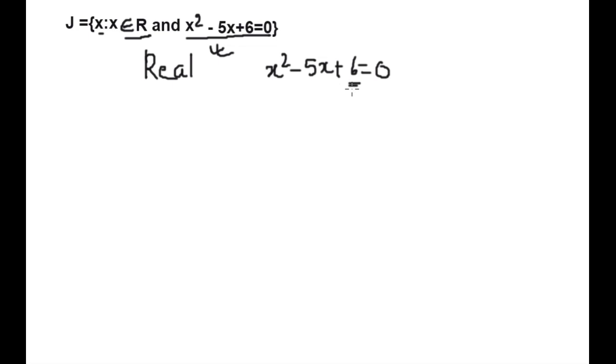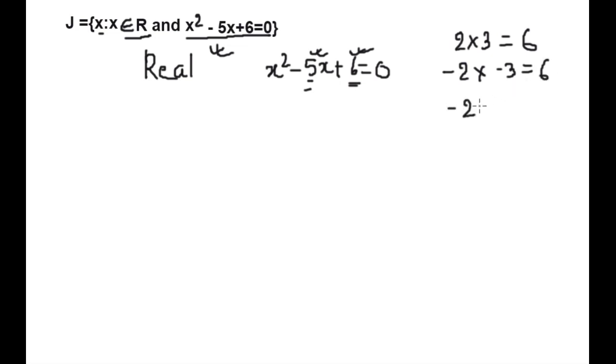So we have to find two numbers whose addition should be 5 and multiplication should be 6. So 2 and 3. Multiplication is 6, and if we do like this, minus 2 and minus 3, it is also 6.